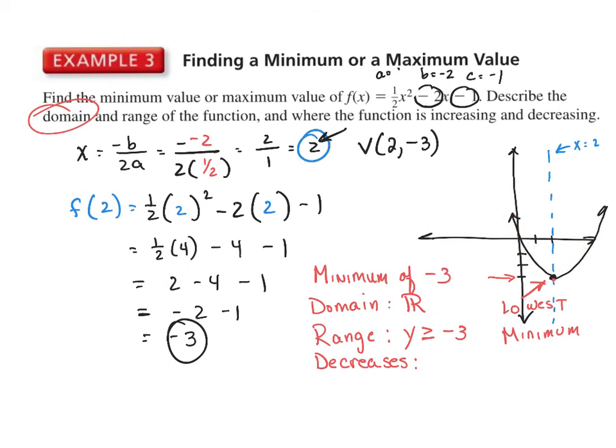So we say it decreases from negative infinity all the way up until x is equal to 2. I'll explain that bracket notation in a second. And then it increases once you get to x equals 2, I guess I should leave that open right there, all the way to positive infinity.